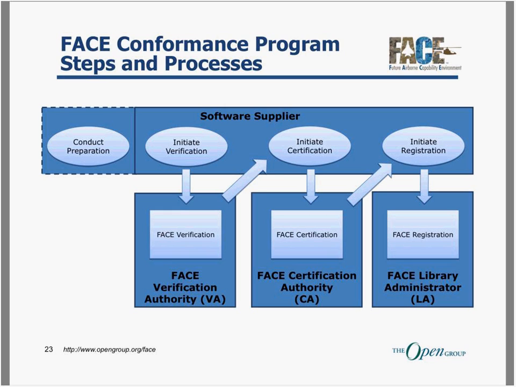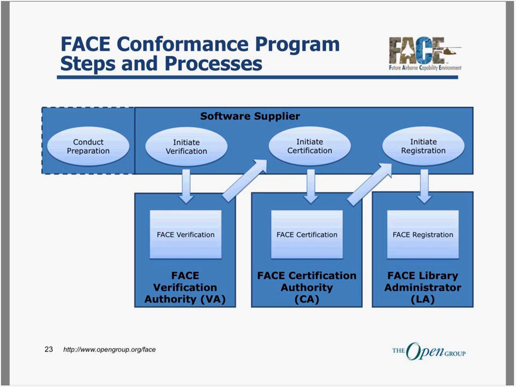There, the software supplier again has a choice to register on the FACE registry, and that's done by addressing the library administrator, of which there's one. The library administrator will look at the descriptions that are offered for the UOC, check with the certification authority to make sure that a certificate has been issued for the UOC that wants to be listed, and then it can be pushed up on the registry.